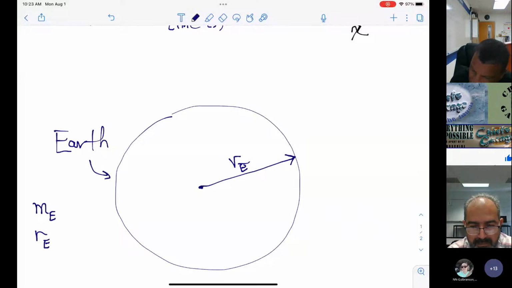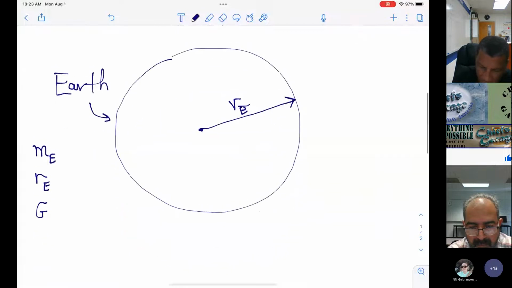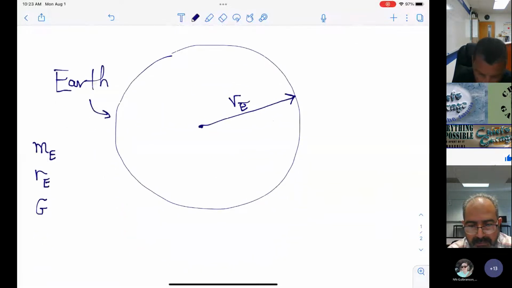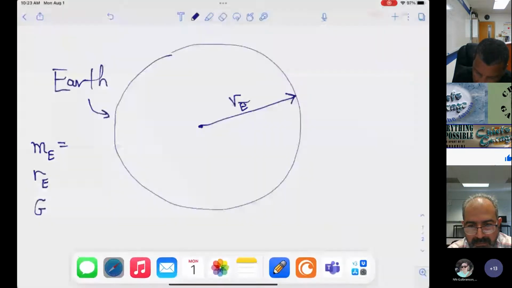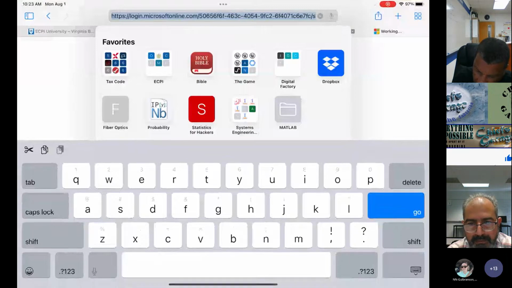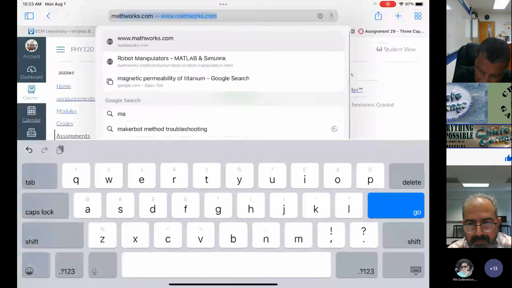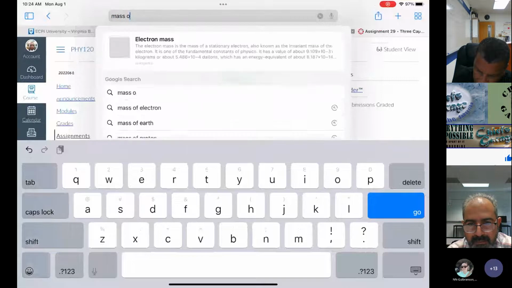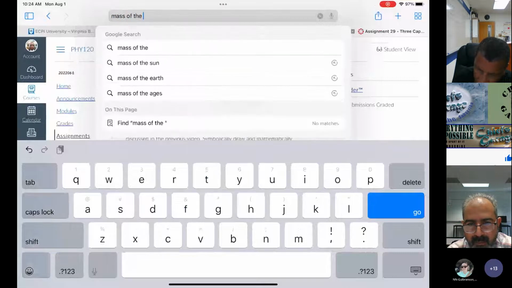And we also have the universal gravitational constant. So each one of those things we'll need to find. And let's just go ahead and find the first thing here. And so I'm just going to find the mass of the Earth.